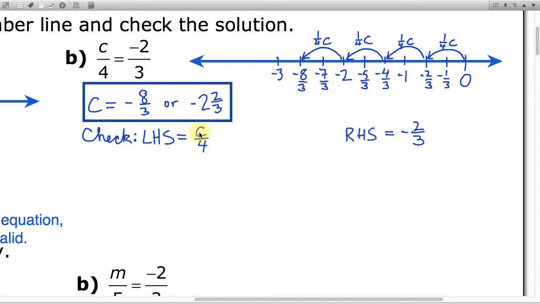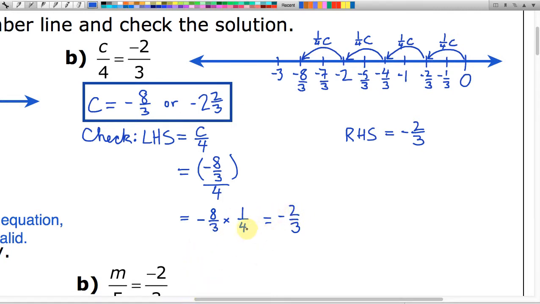As for the check, we start with the original left-hand side and right-hand side, and we replace the c value with -8/3 or -2 2/3, whichever you prefer. Of course, improper fractions are generally easier to work with. And when you divide fractions, you multiply by the reciprocal. 4 as a fraction is 4 over 1. So you multiply by 1 over 4, and as a result you get -2/3. Maybe it would help just to see how this happens.